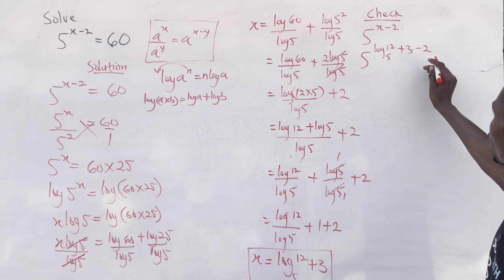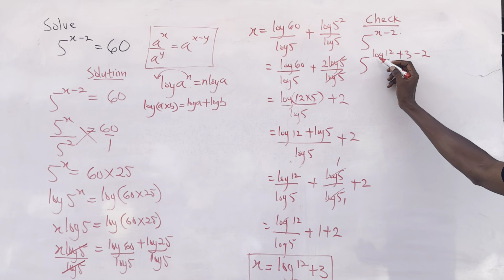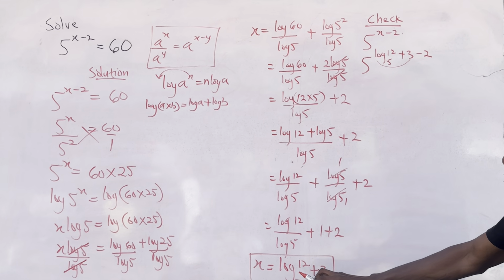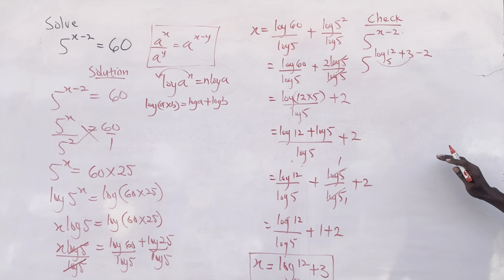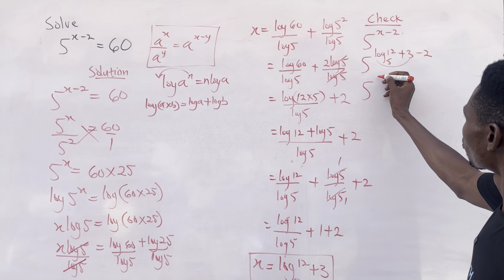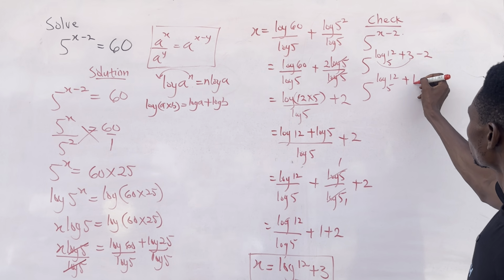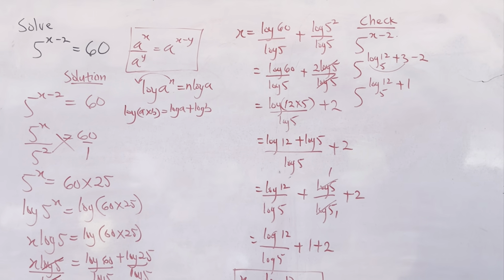So let's do everything together. So we have 5 raised to power log 12 base 5 plus 1. Now why is it 1? 3 minus 2 is 1.